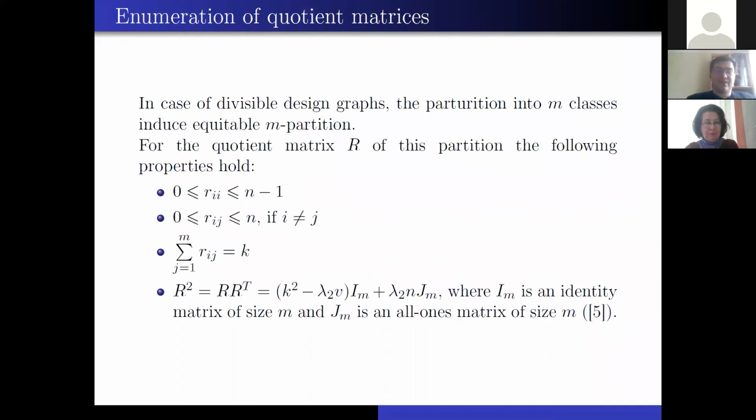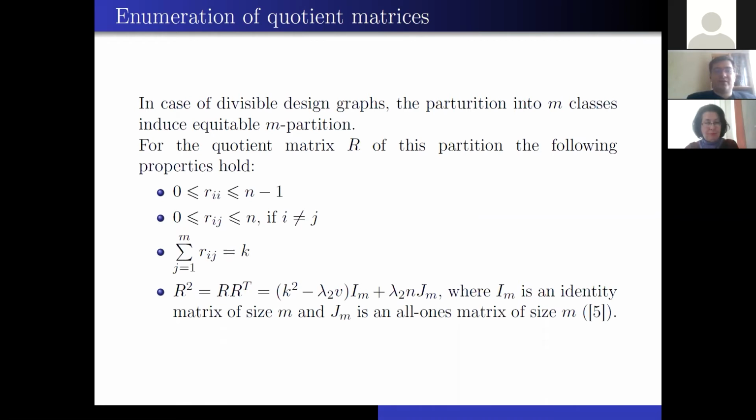In case of divisible design graphs, the partition into m classes induces an equitable m-partition. And for the quotient matrix R of this partition, we have the following properties. Diagonal elements can run from 0 to n minus 1 because we cannot have loops in our graphs.